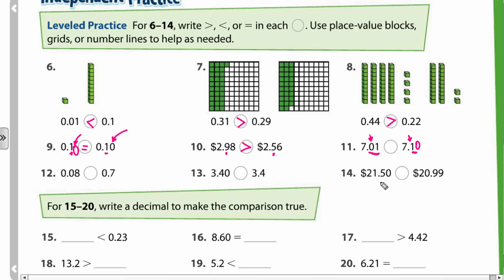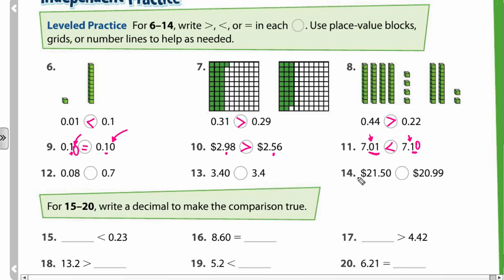So 7.1 is greater. So the answer is less than. Thank you, Muhammad. And my heroes, please focus. Try to use the steps. Do not think the long one is the greater one. No. Having more digits does not give you greater numbers.